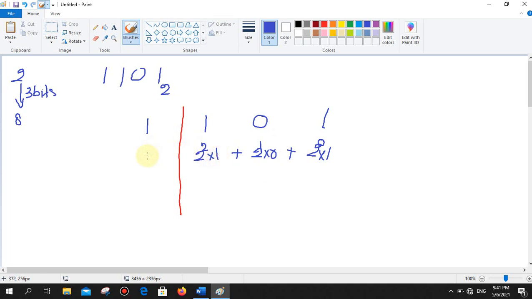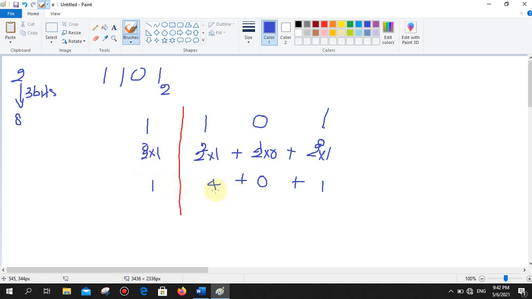And what you have to write here, you are not going to start with 2 to the power of 3. Again, in the next section you have to start with 2 to the power of 0 into 1. So we will see in this section what the answer is. 1 plus this one 0, and this one 2 to the power of 2 is 4 into 1 is 4. This section value is 1.